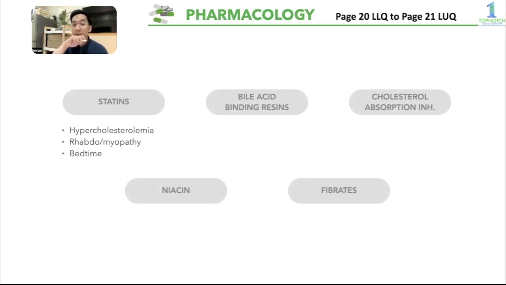But one of the side effects is rhabdomyolysis or myopathy, where the muscles become painful, and it's primarily given at bedtime.